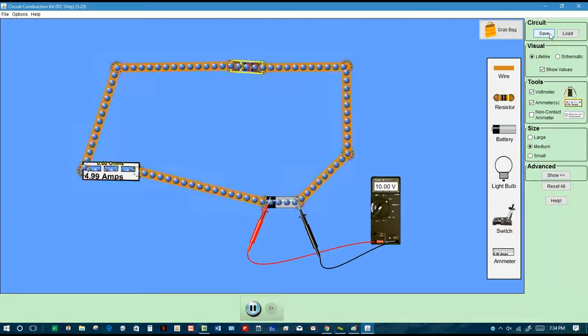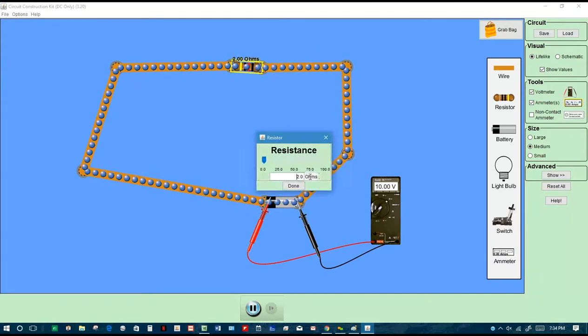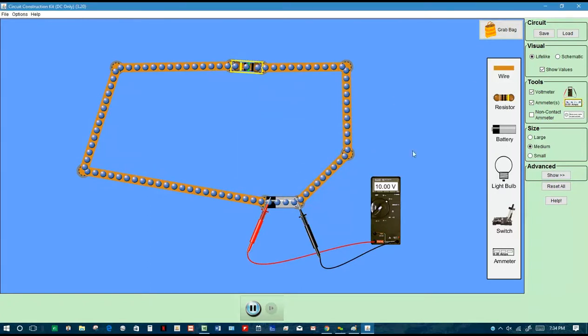In fact, let's remove this. Why don't you go ahead and just use Ohm's law right now to do a quick practice and check in to make sure you get this. Okay. So let's make the resistance 5 ohms. So the resistance of the resistor right now is 5 ohms, and the voltage is 10 volts.